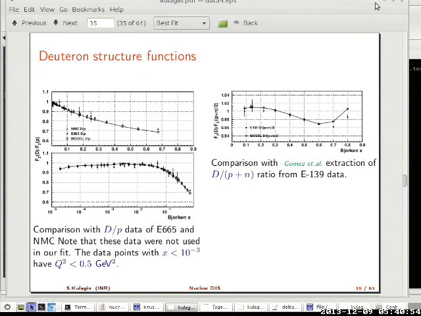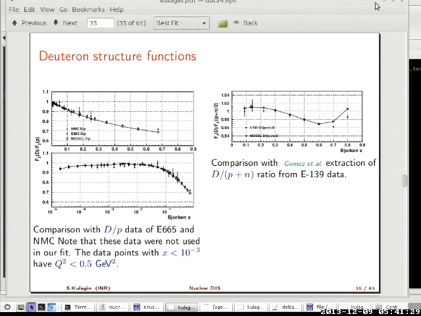At small x, we have a couple of corrections which are not reduced to the wave function. These are the pion correction and coherent correction, which are given in terms of effective amplitudes. But these data were not used in the analysis, so that was used as a test of the reliability of this model.